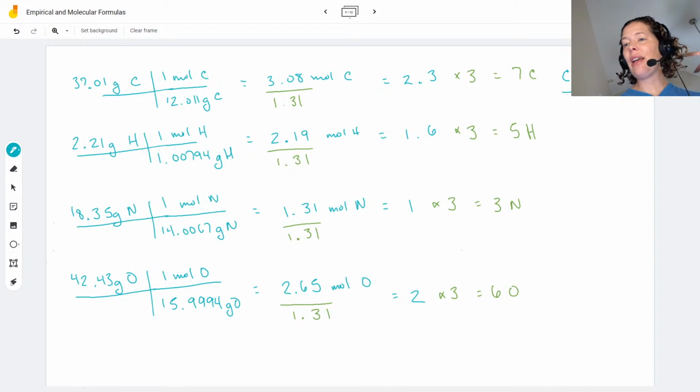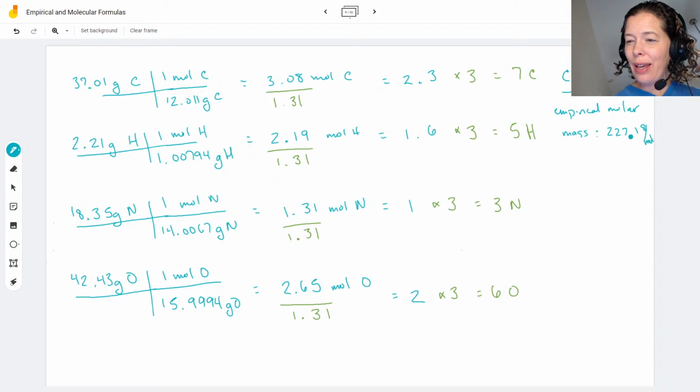So if I take my empirical formula and I calculate my molar mass, so my empirical molar mass is going to be 227.1 grams per mole.